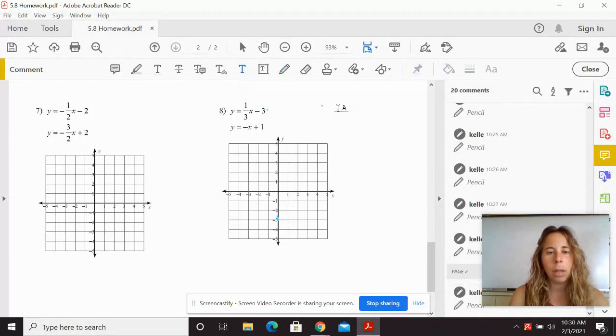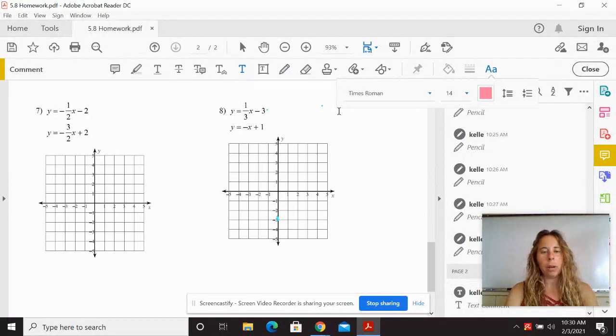So you're going to go up 1 and right 3, or the opposite, down 1, left 3.